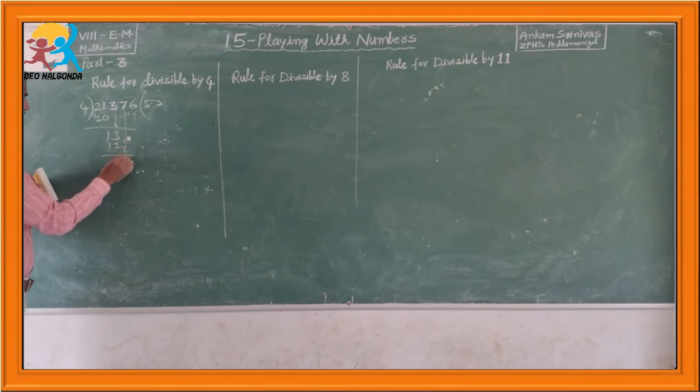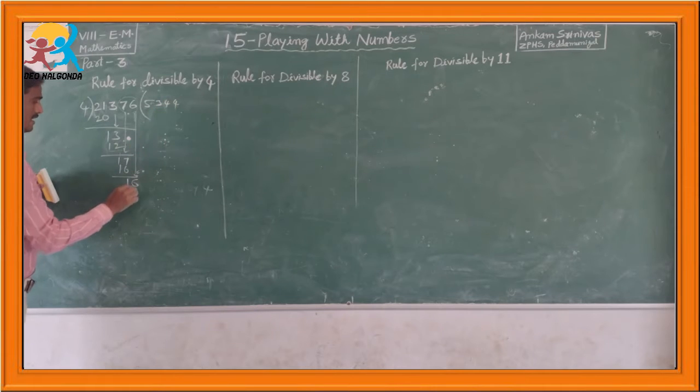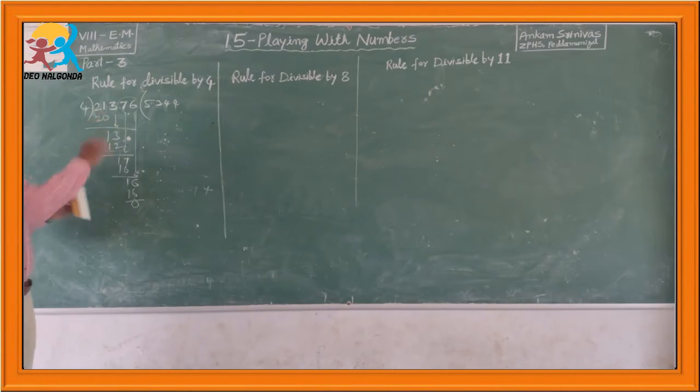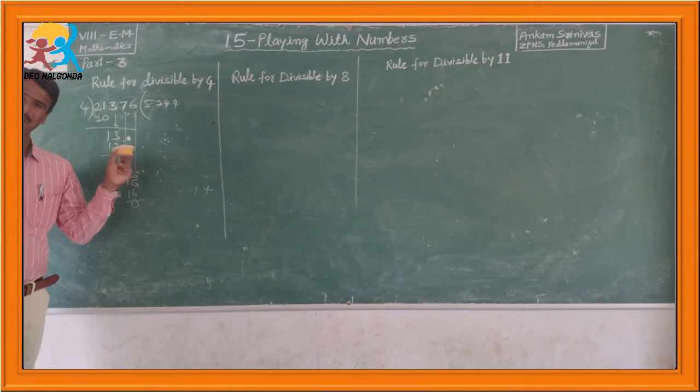Take down 7. 4 fours are 16. Take down 6, 4 fours are 16. So this number also is divisible by 4.